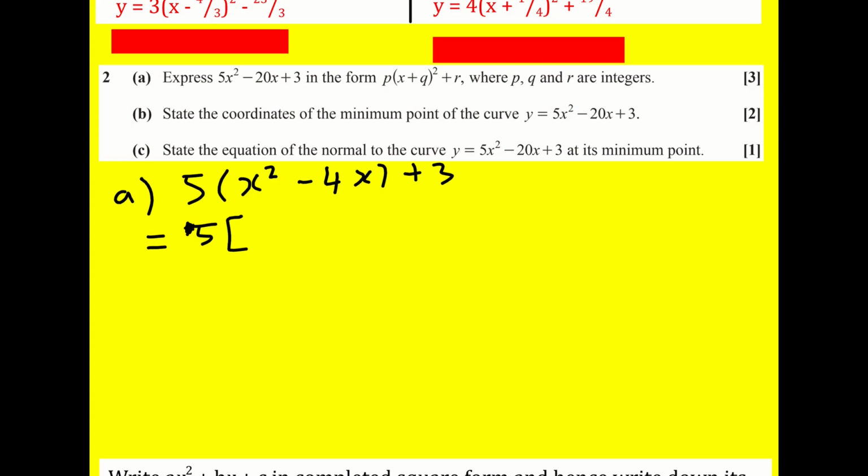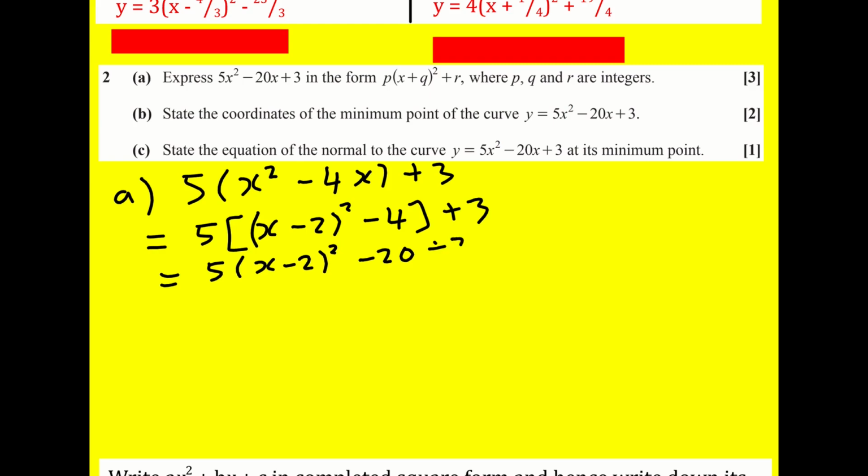Sorry, I'm just trying to rub this bit out. There we go. 5 times bracket x minus 2 squared minus 4, which is then 5 times x minus 2 squared minus 20.